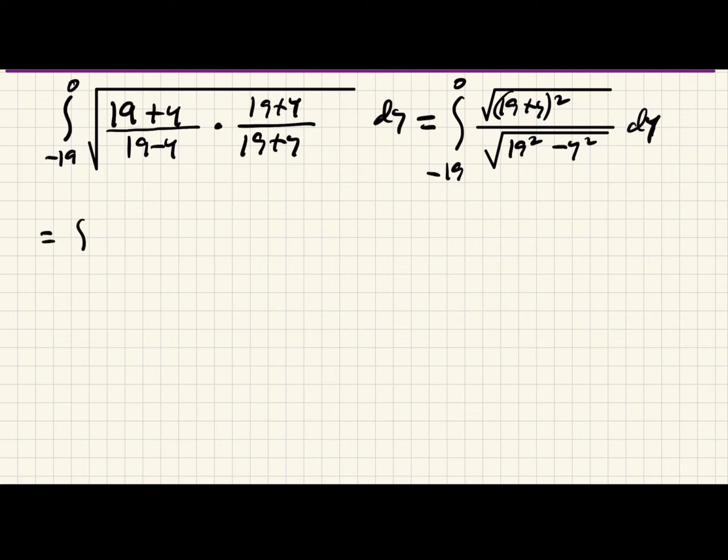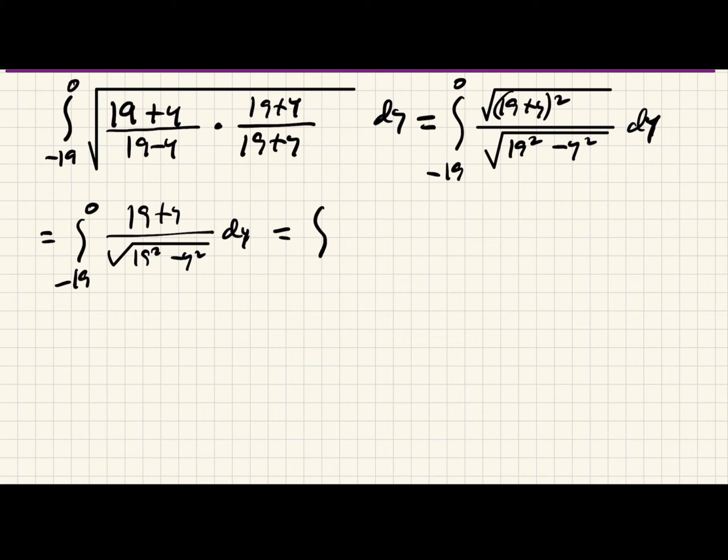So this is the integral from minus 19 to 0. Now, all we have on the top is 19 plus y, and on the bottom, we have the square root of 19 squared minus y squared dy. Now, if I was me, I might start looking at this and going, well, I can actually turn that into two integrals, can't I?